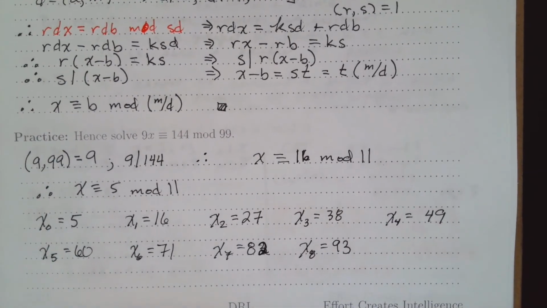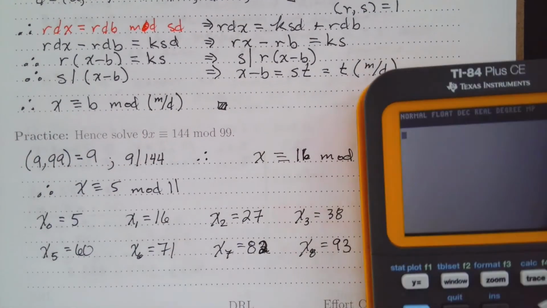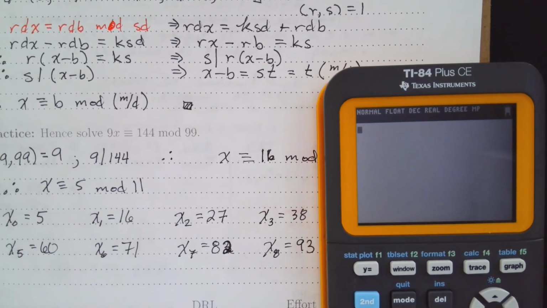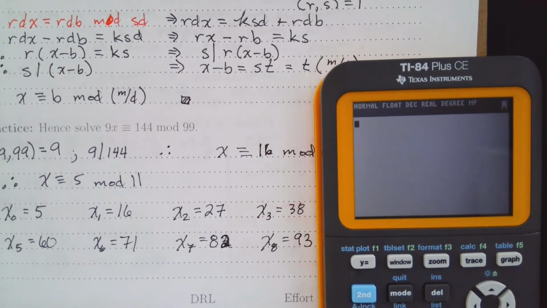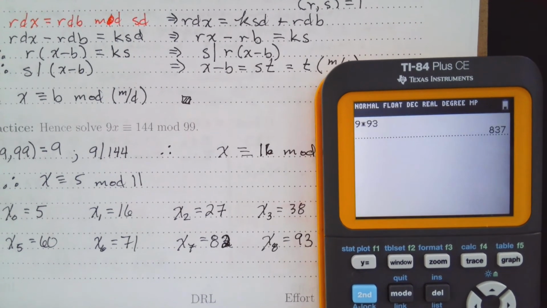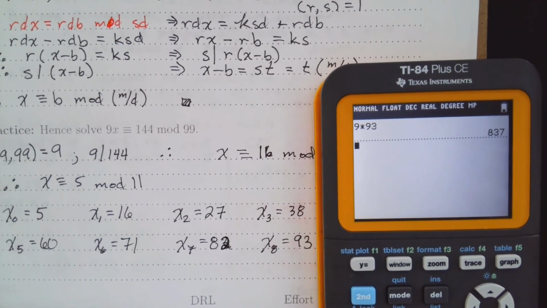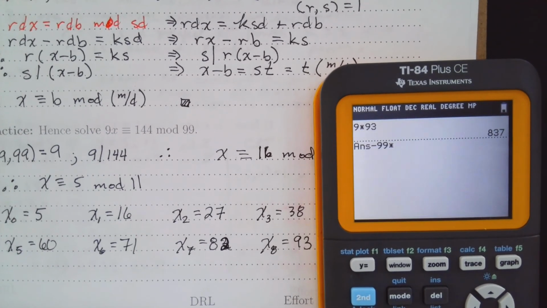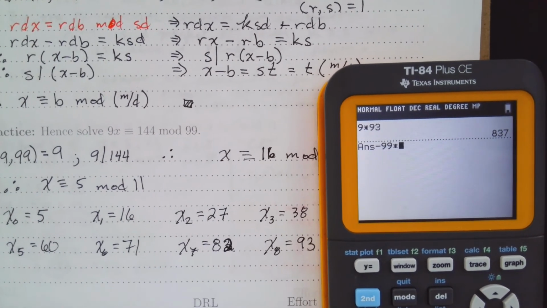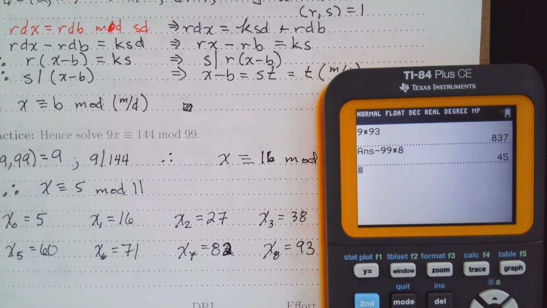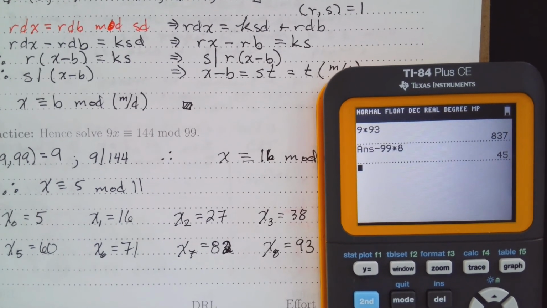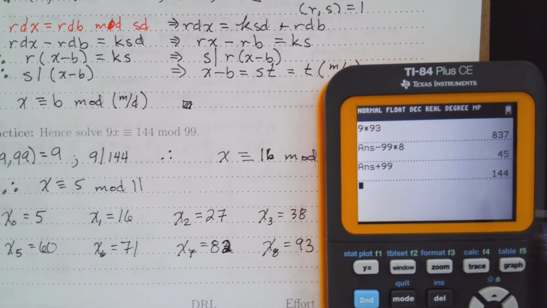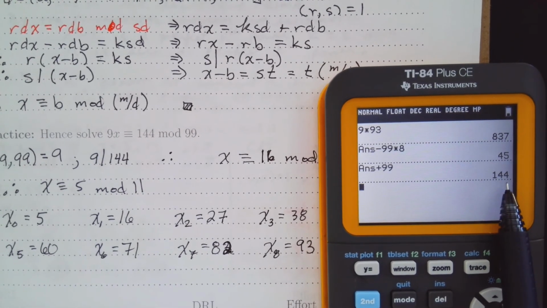And of course, we could always double check. Will it really work with 93? Well, 9 times 93 is 837. If I subtract 99 times 8, that gives me 45, and if I add 99 to that, that's where I have the 144.